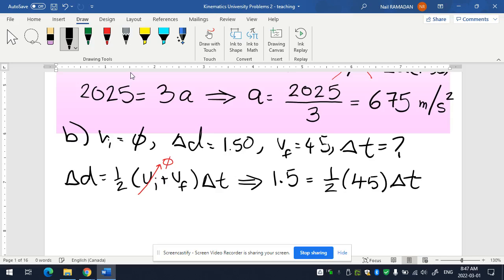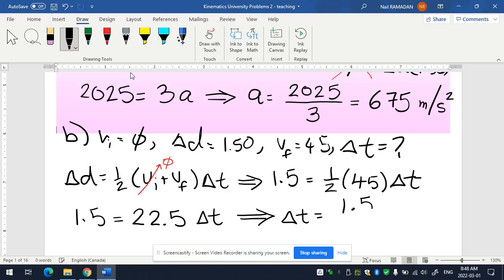All right, let's clean up. So I get 1.5 equals, what's half of 45? Well, half of 44 is 22. 22 and a half. And the rest is just a quick division. Delta T equals, the unknown number is 22.5, so it goes under the 1.5.